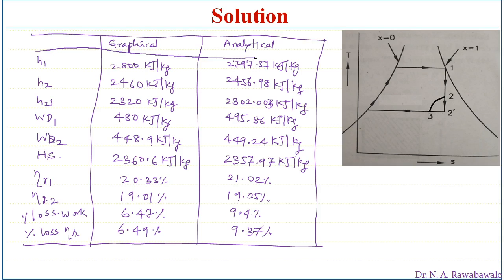So compare these results. The graphical value is 2800, here 2797, approximately close. But the results obtained by the analytical method are more accurate compared to the graphical method. But the graphical method is quicker.